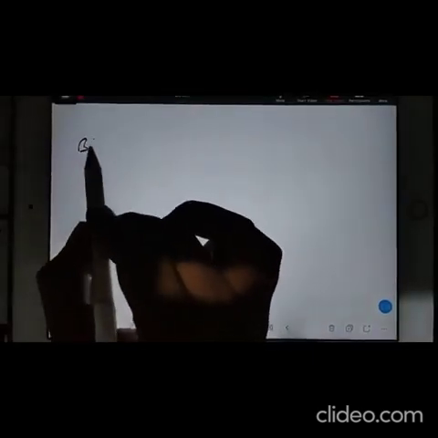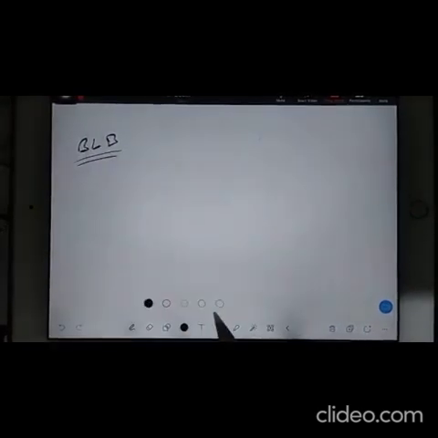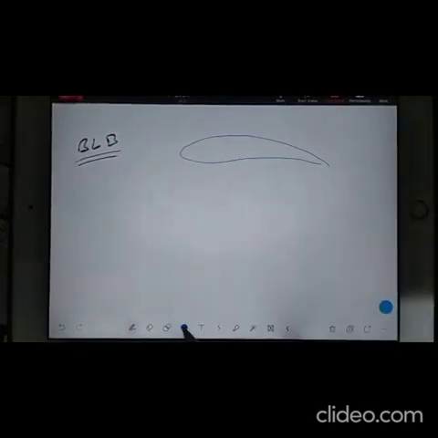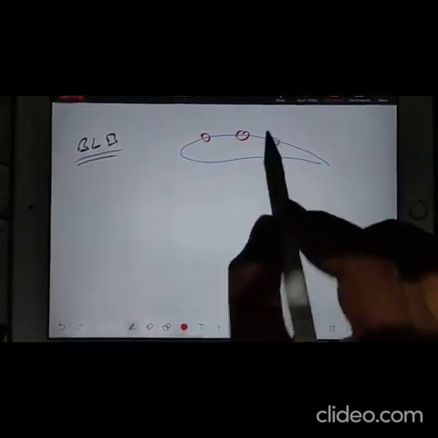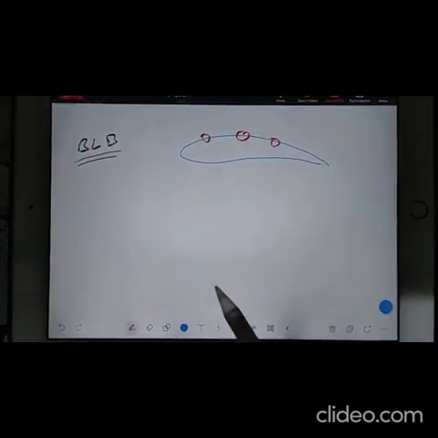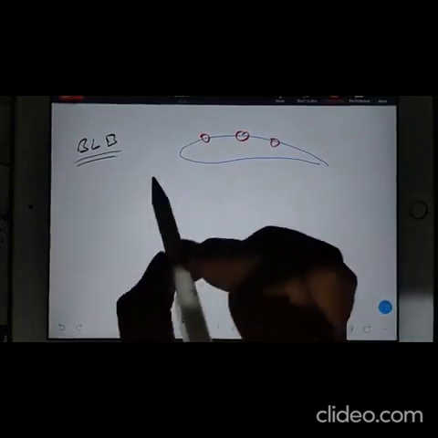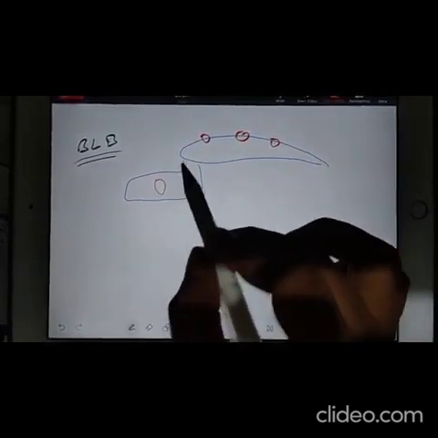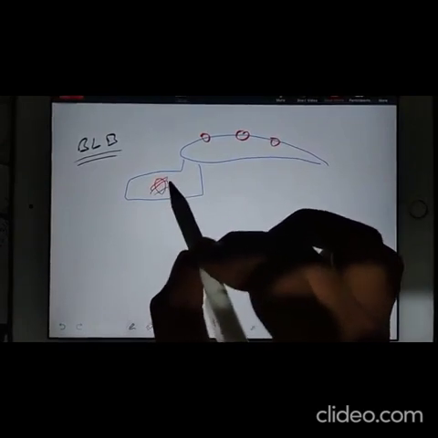Now see, I am taking boundary layer blowing, BLB. This is very simple. Actually what happens? You make some small holes on the upper surface, and there will be power plant, I mean your engine. In the engine you have compressor. So compressor compresses the gas.